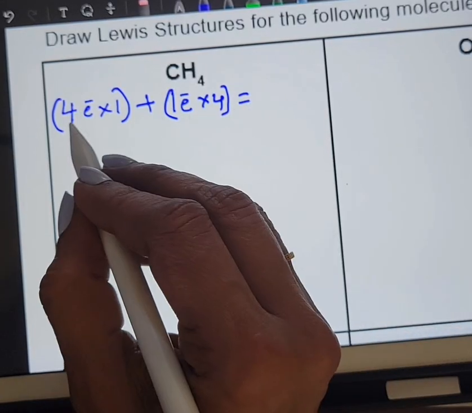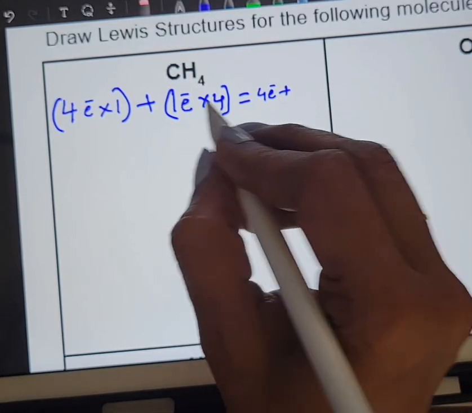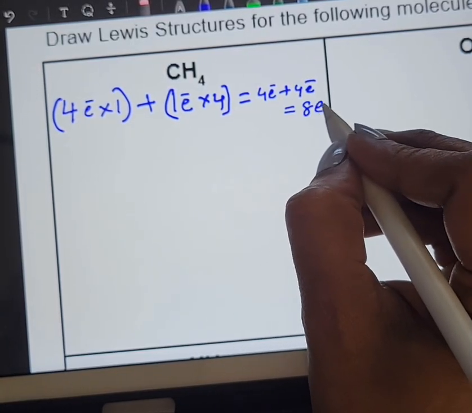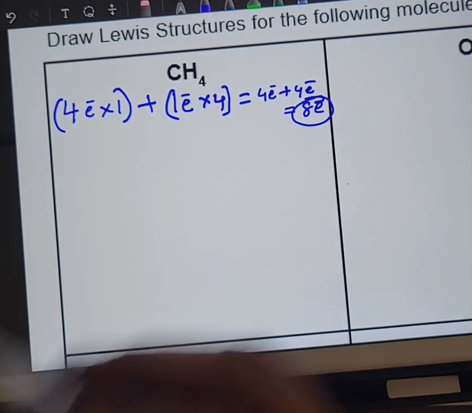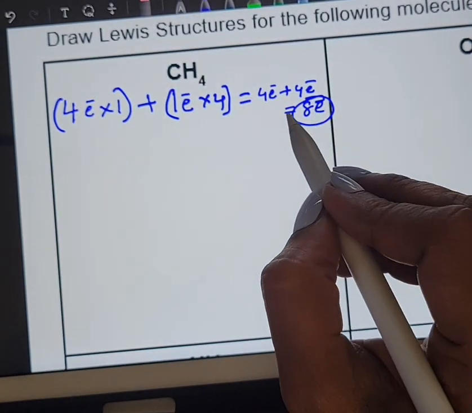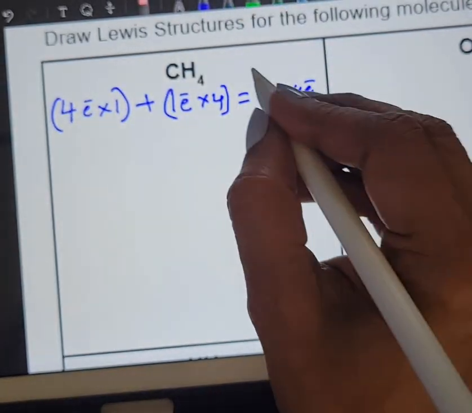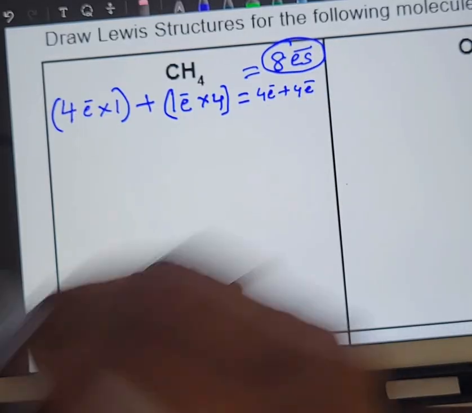Then solve this. 4 times 1 is 4, plus 1 times 4 is also 4. So total how many electrons do we have? We have 8 electrons.